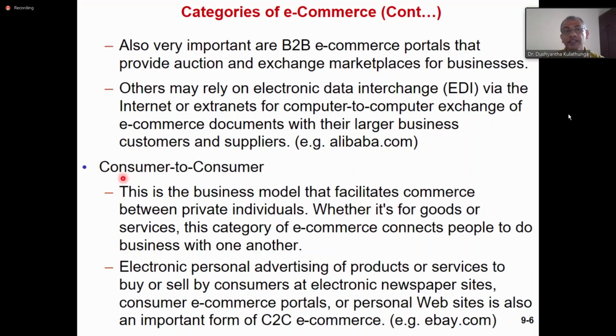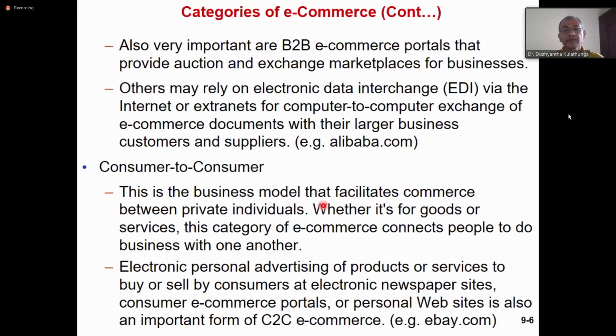One consumer becomes the seller and the other becomes the buyer. So that is the basis of consumer to consumer electronic commerce. The transaction takes place between two individual consumers.